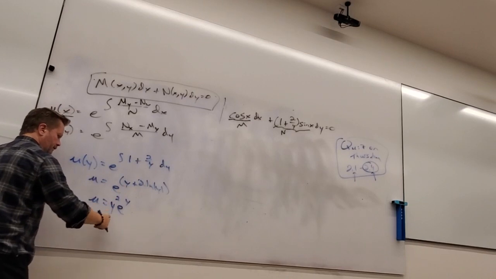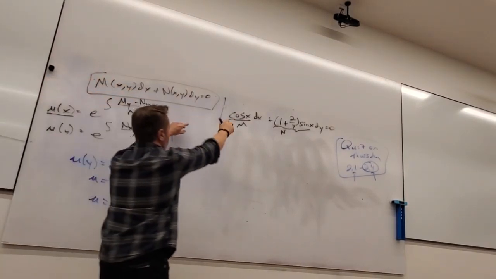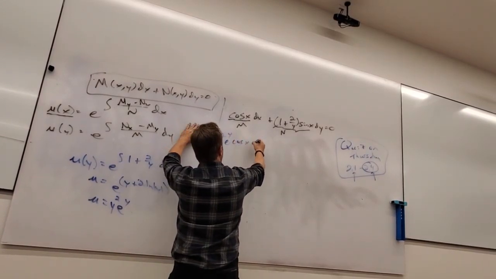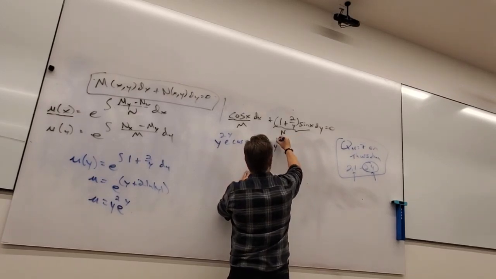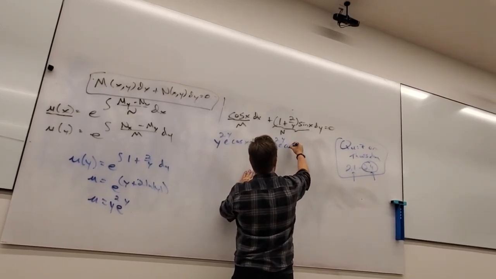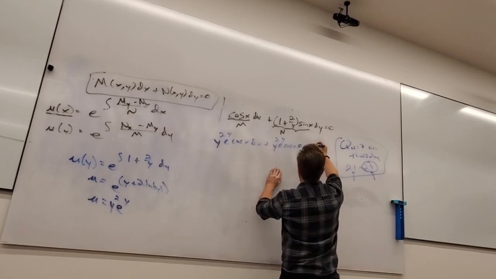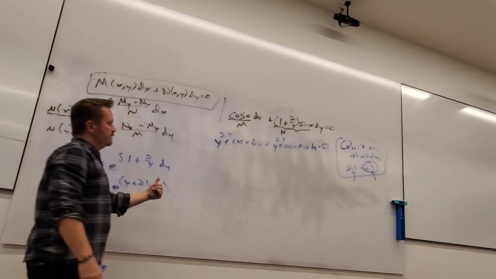The natural log and the e cancel, and I get y squared e to the y. So if I take this and multiply by y squared e to the y, thankfully that side's 0. Now that is exact.